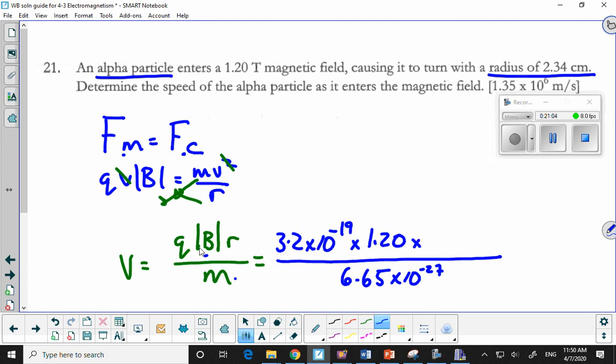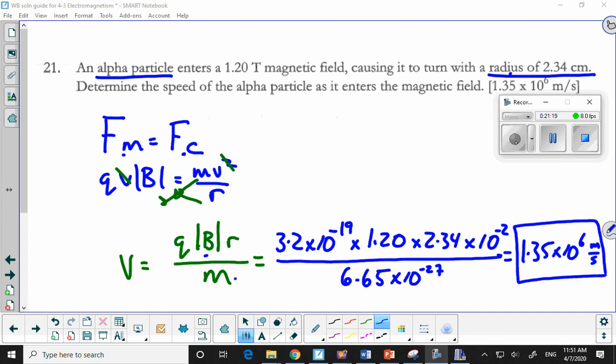When it comes to the radius, I'm going to just leave it as 2.34, but it's in centimeters, and a centi is a hundredth, or check your sheets, times 10 to the minus 2 meters. Punching that into my calculator, I get a final answer of 1.35 times 10 to the 6 meters per second, which is a very fine number indeed.